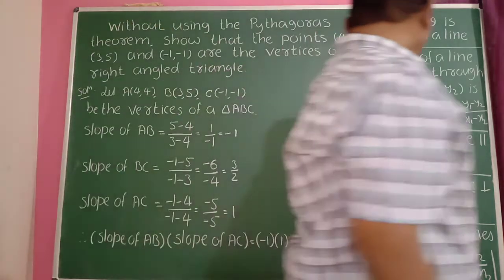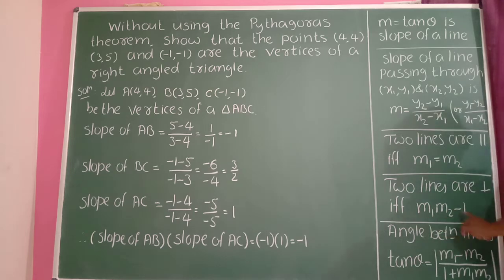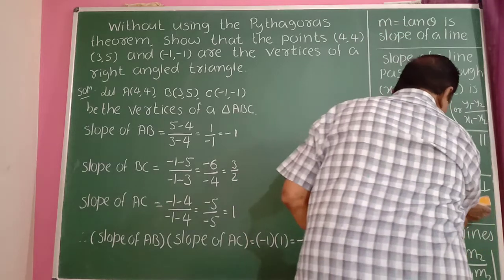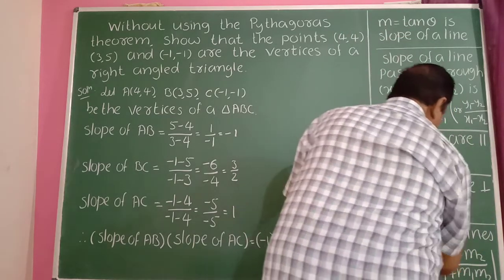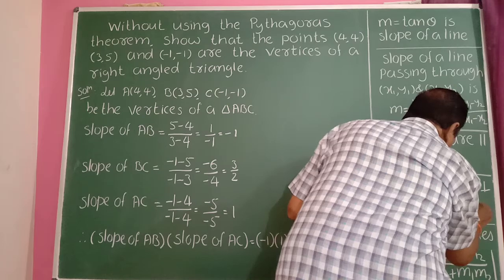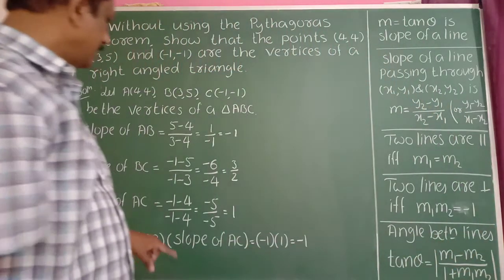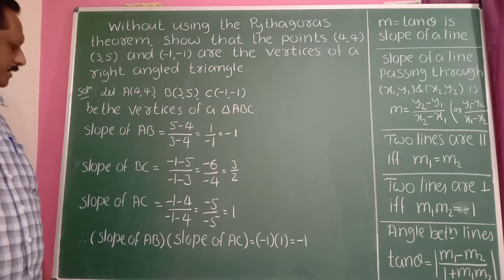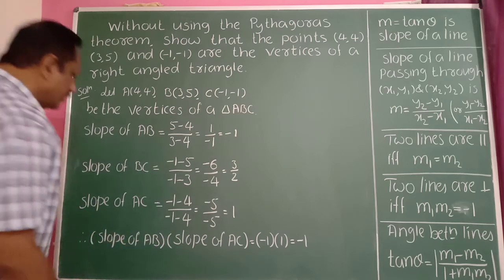The product of the slopes is minus 1, that is, M1 M2 is equal to minus 1. In that case, we say that the two lines are perpendicular to each other. Hence, AB is perpendicular to AC.